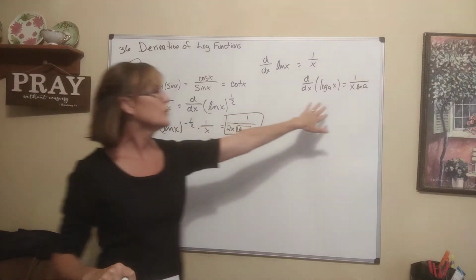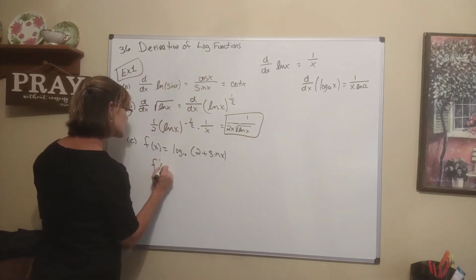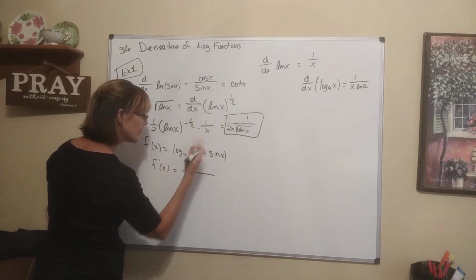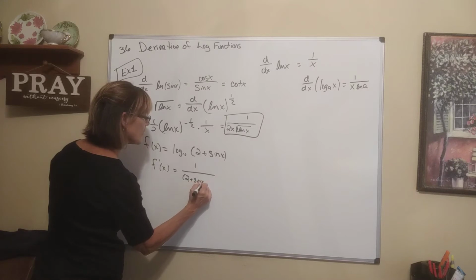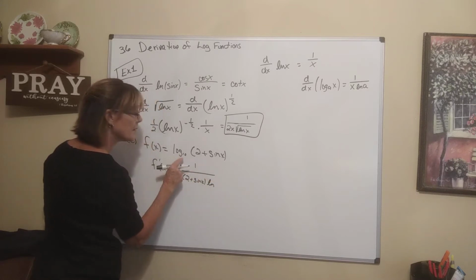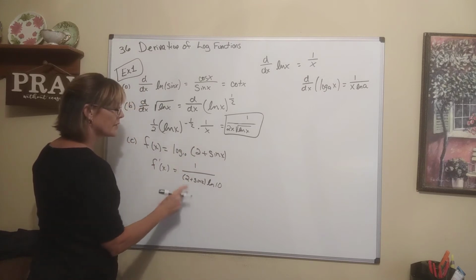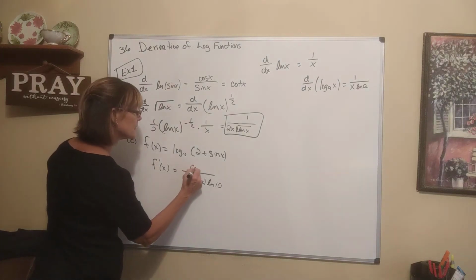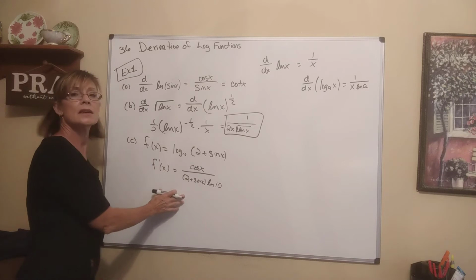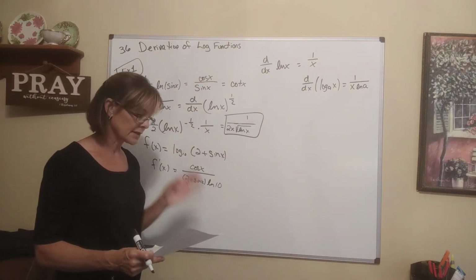We would have to use this rule right here, which says that f prime of x is equal to 1 over x, which in this case is 2 plus the sine of x, times the natural log of the base, the natural log of 10. But there's chain rule, times the derivative of 2 plus sine of x. Derivative of 2 is 0. Derivative of sine x is the cosine of x. And so that is just some little practice in taking the derivative with logs.